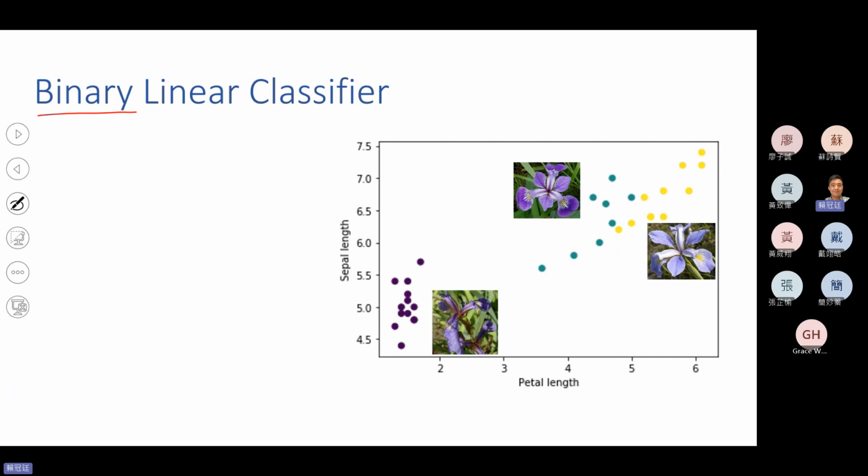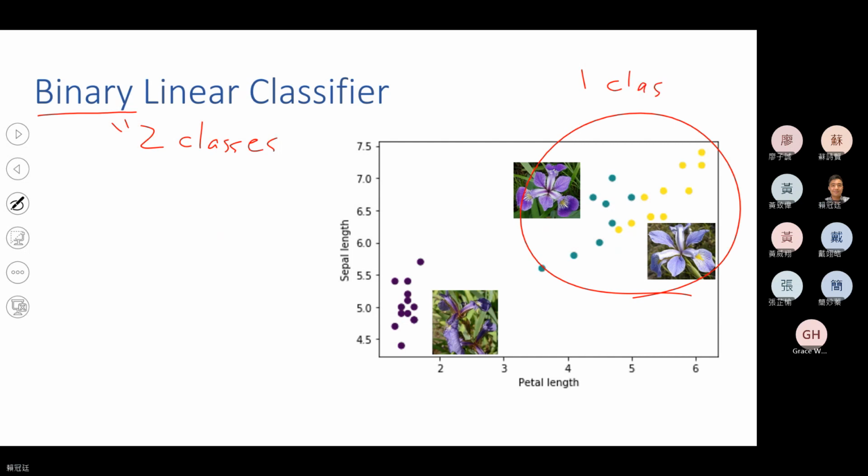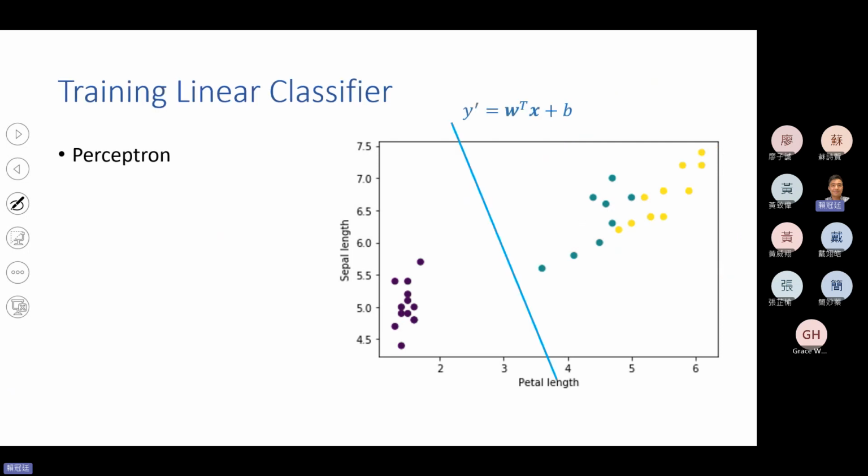You may wonder, there are three. So let's group two together as one class. Then we can try to find a line to separate them, right? So it's called a binary classifier.